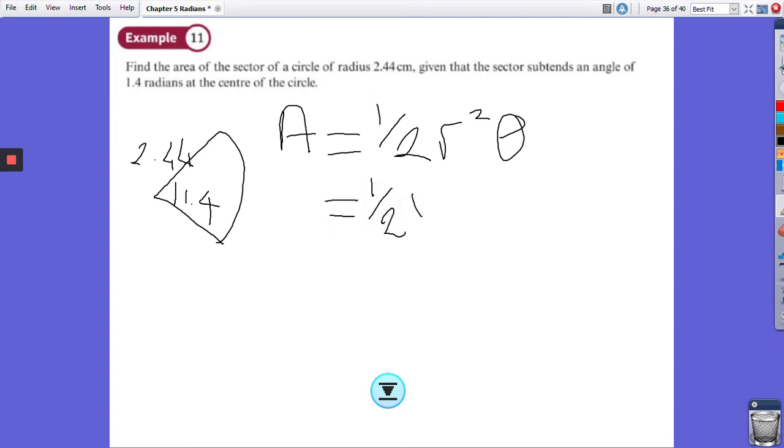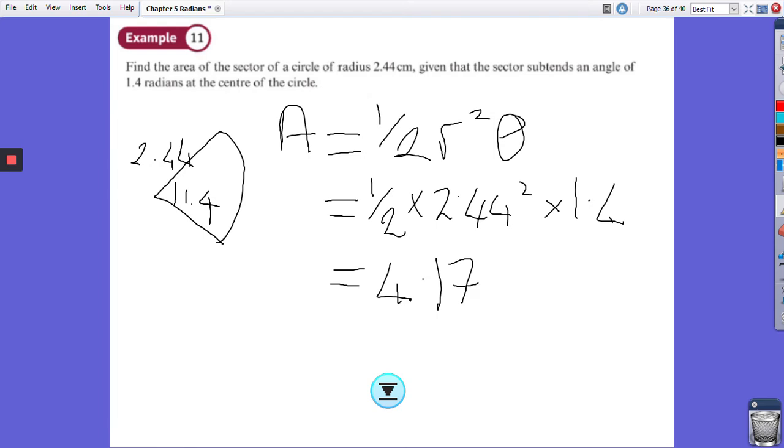So you do half times 2.44 squared times 1.4, and when you do that, you get 4.17, and I do believe it's centimeters squared.